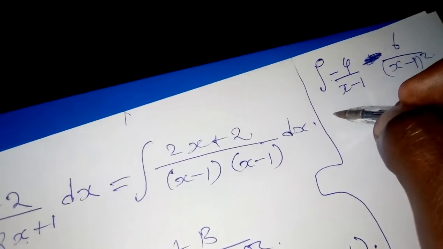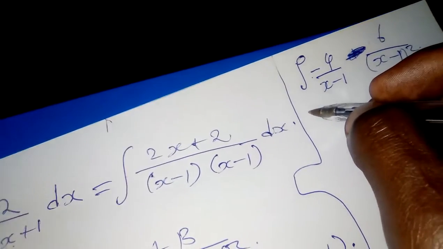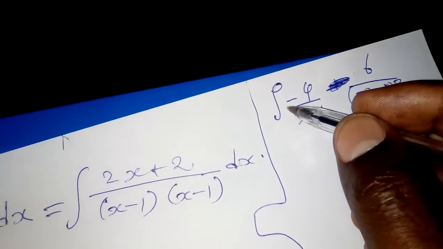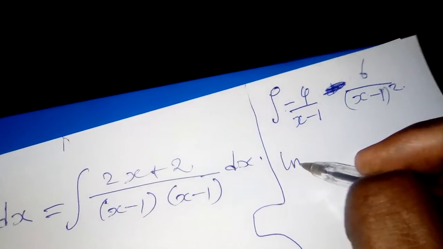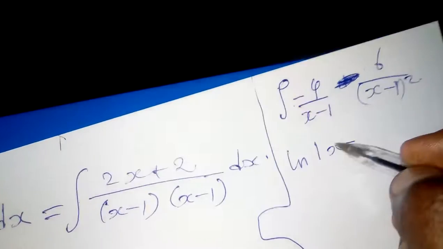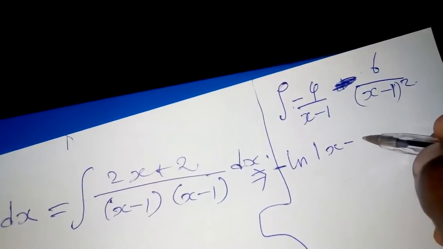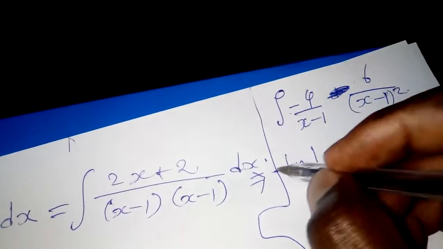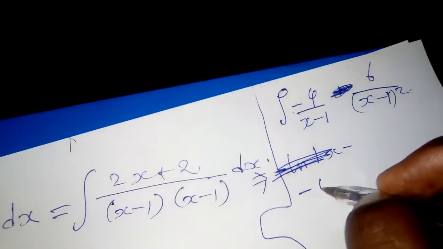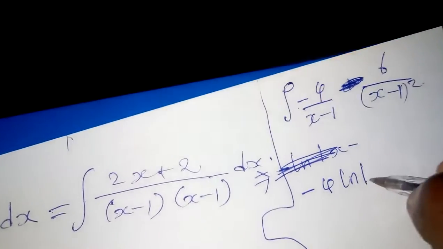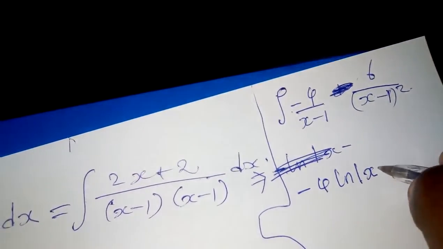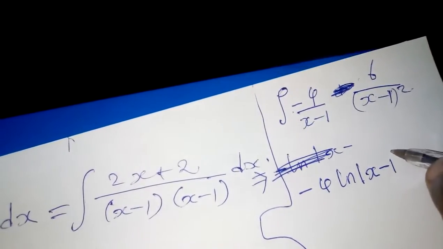So it's easier now to integrate this, because when you integrate the first part there, of course you get the ln of x minus 1, and it's going to be negative 4 ln of x minus 1.